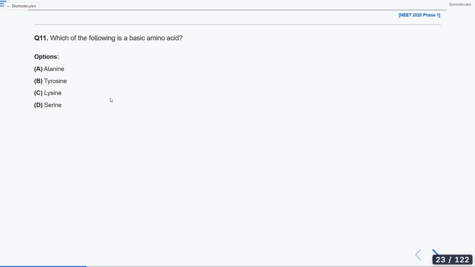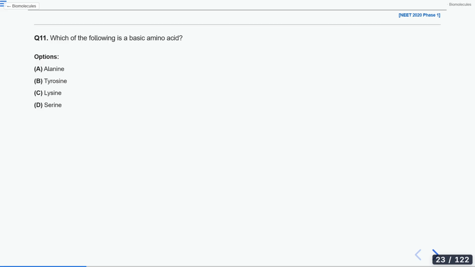If you remember the basic amino acids and acidic amino acids, you can easily answer it. Some students are telling A, and some are telling C, so we have mixed opinions. Let's see which is correct.